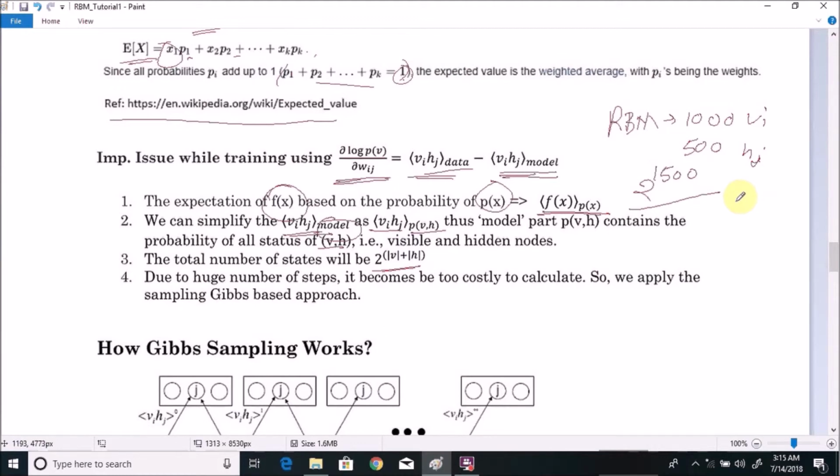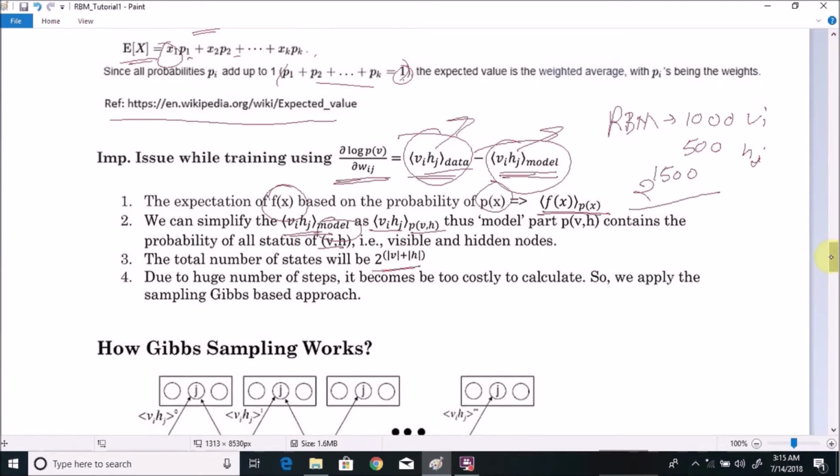With the increase in size, it will be too costly to calculate, because this part is coming from data, so we can easily calculate it, but this part depends totally upon the structure. That's why we are applying a sampling-based approach named Gibbs sampling.